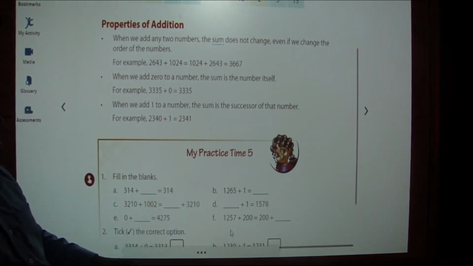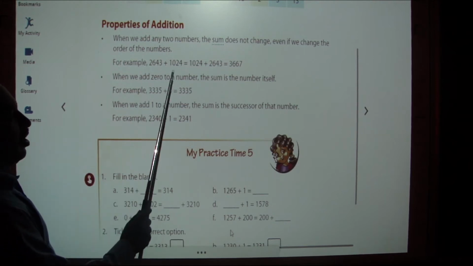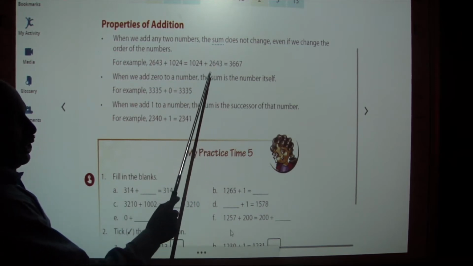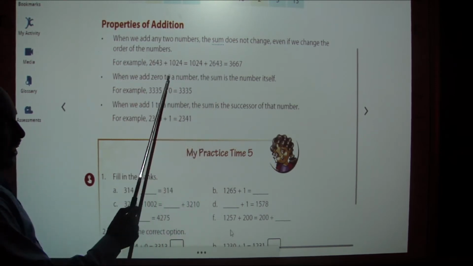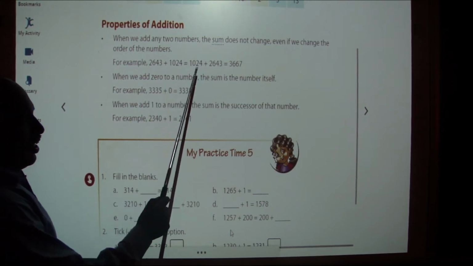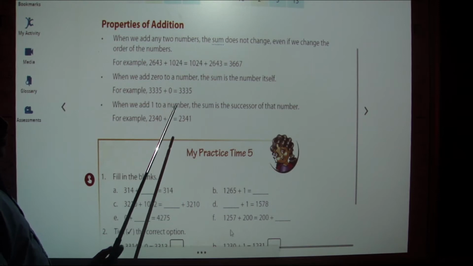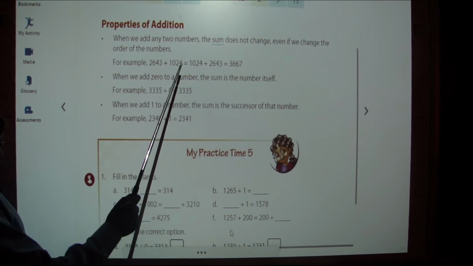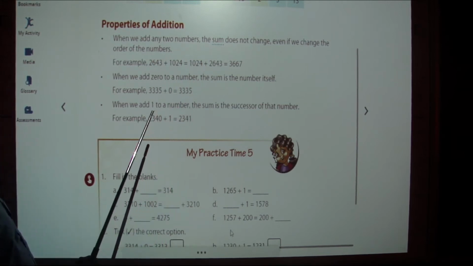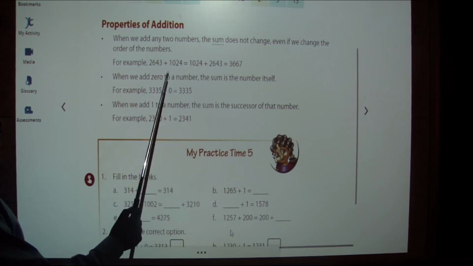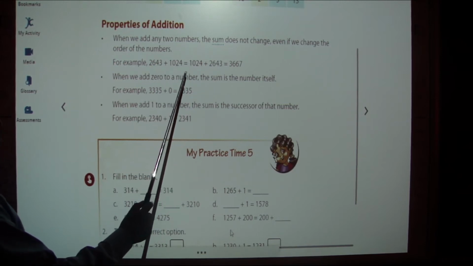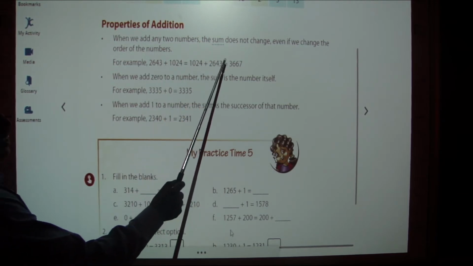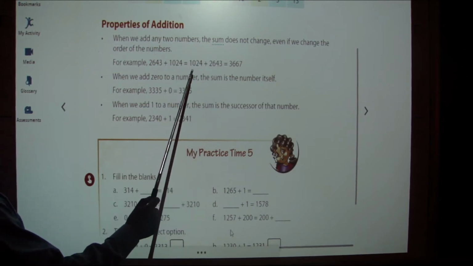Listen: on the left, the first term is 2643 and the second term is 1024. On the right, the first term is 1024 and the second term is 2643. So only the order changes.